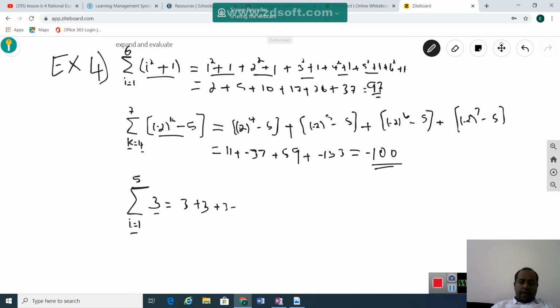When i is 4, again 3. And when i is 5, it is 3. So you are asked to find the sum of 5 terms of the general term 3, which is going to be 3 times 5, which is 15.